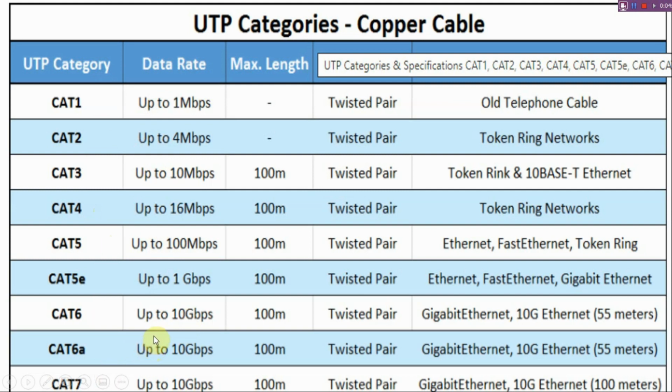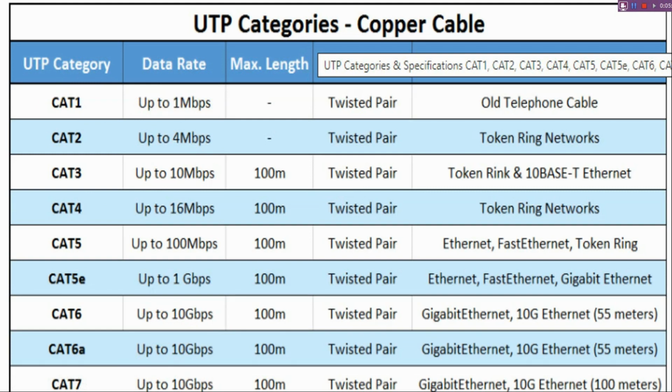The number of categories represent the tightness of the twists that are applied to the wires, and as you can see, the speed ranges from the lowest, which is Cat 1, at 1 Mbps all the way up to Cat 6A and Cat 7, which has 10 gigabits per second.